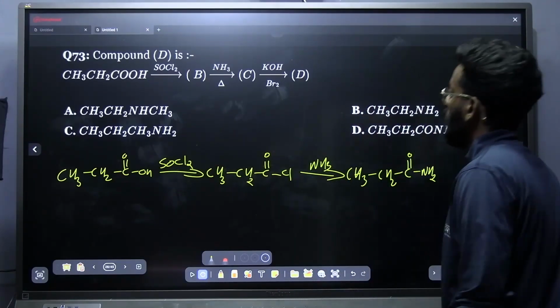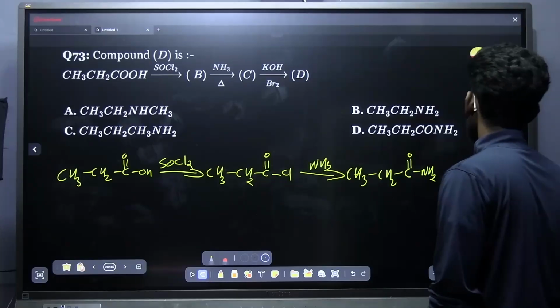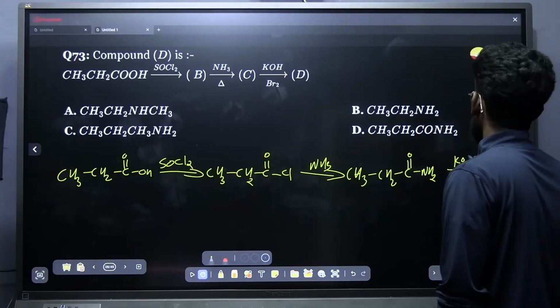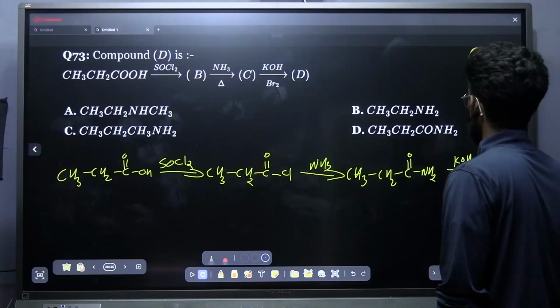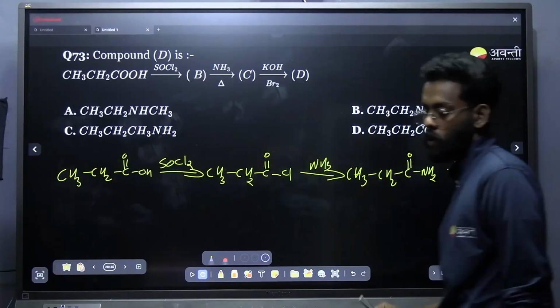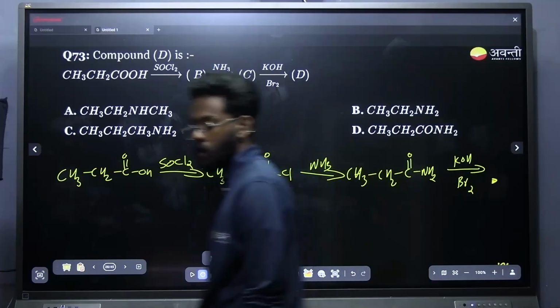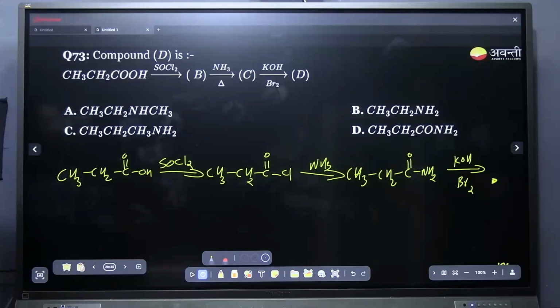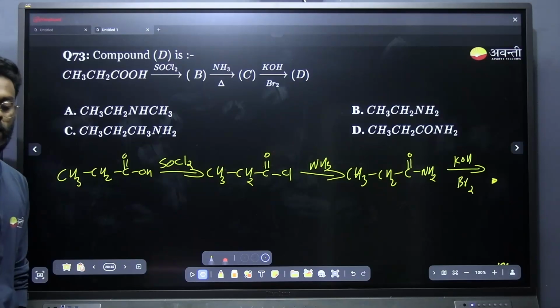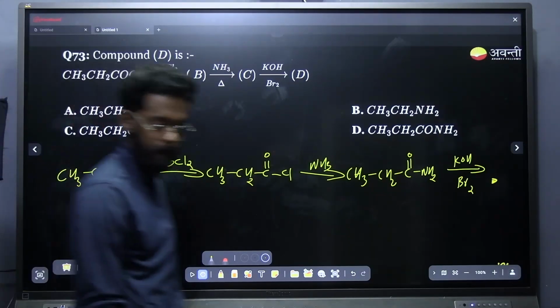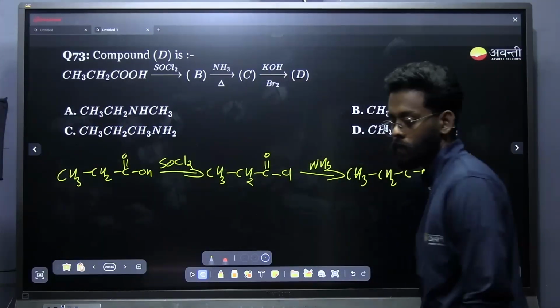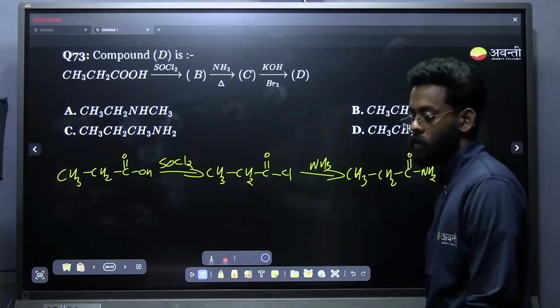I got an amide, and now this amide is reacting with KOH and Br2. What is this reaction called? This is a very important reaction in the amine chapter. Nobody has the answer?